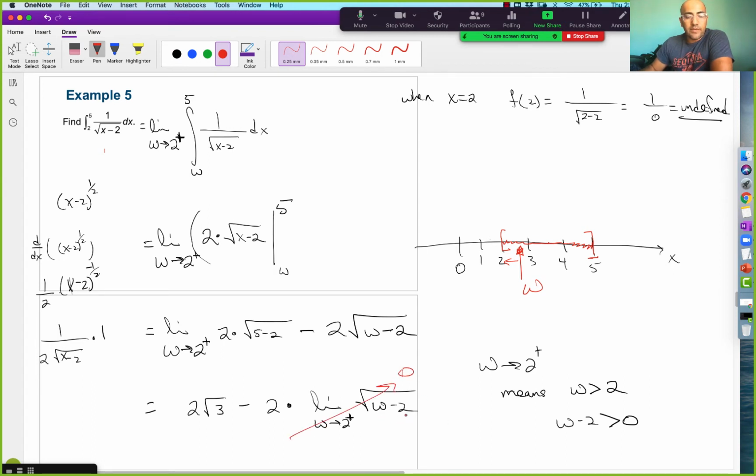That's important because remember that if this was ever allowed to be a negative, we'd have the even root of a negative, we'd have an imaginary number, and then we'd have problems. But in this case, it all simplified to just being a nice little answer of 2 root 3.